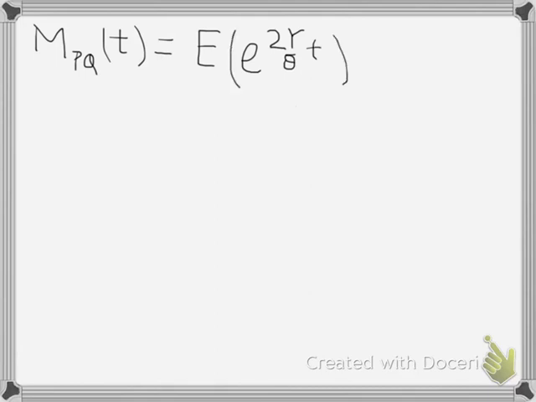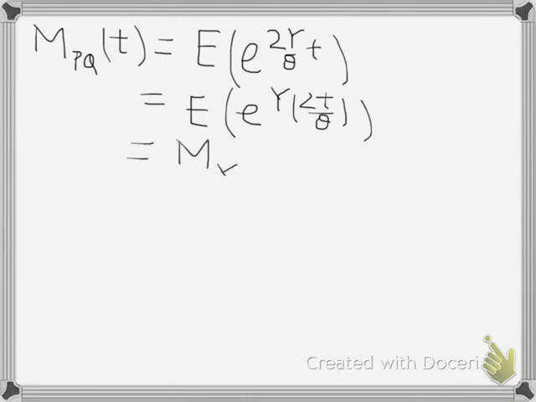So the moment generating function of the pivotal quantity is the expected value of e to the power 2y over theta times t, which is the same as the expected value of e to the power y multiplied by 2t over theta, which is the same as the moment generating function of y evaluated at 2t over theta.